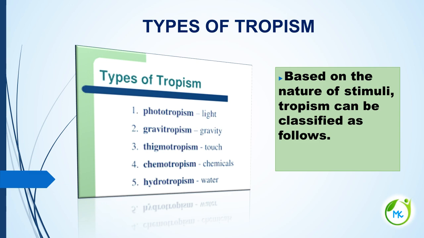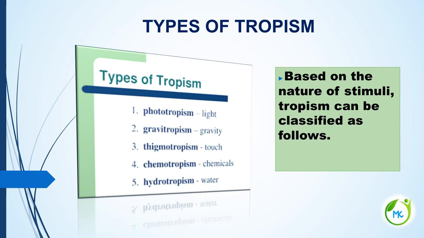And when the plant exhibits the movement towards touch, such kind of tropic movement is called Thigmotropism. And when the plant exhibits movement towards chemicals, it is called Chemotropism. Here chemo refers to chemicals. And when the plant exhibits the movement in response to water, it is called hydrotropism.